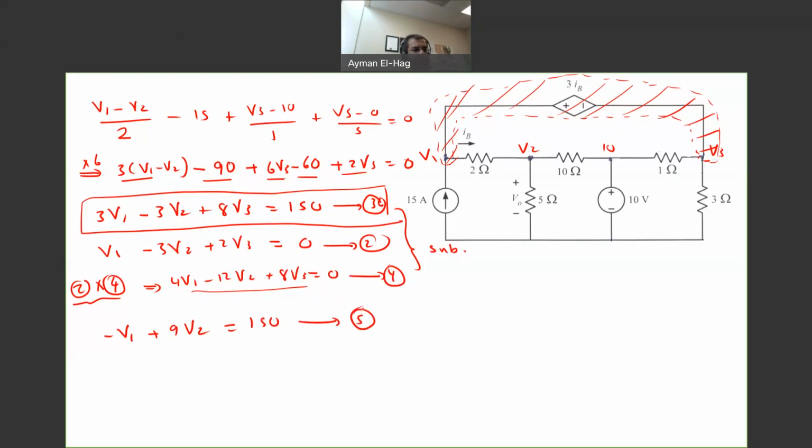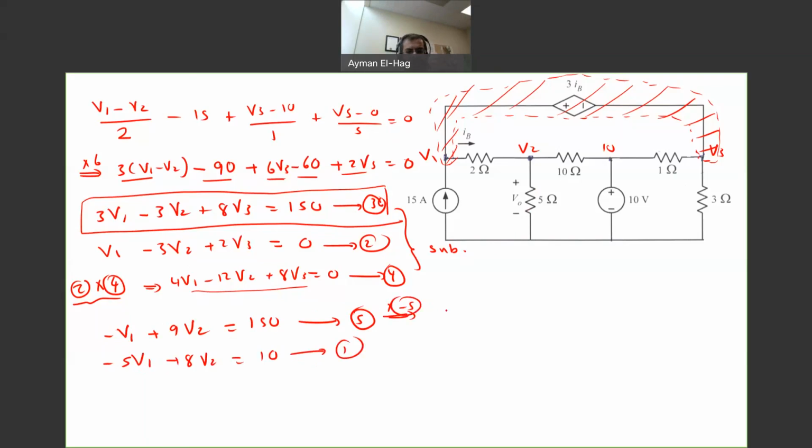Excellent. So let me bring equation number 1, which is minus 5V1 plus 8V2 is equal to 10. Now remember, I want to find V naught, which is V2. So if I eliminate V1, find V2, my problem is solved. So this is my first equation to eliminate V1. If I multiply by minus 5 and add, okay, so I will multiply equation 5 with minus 5.